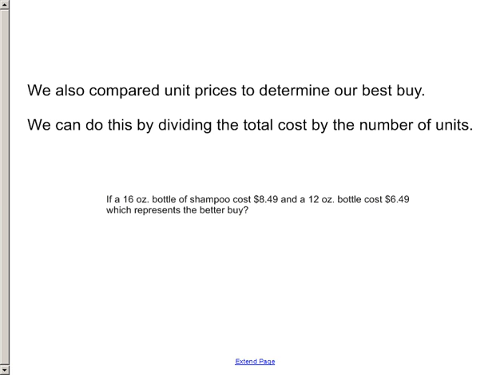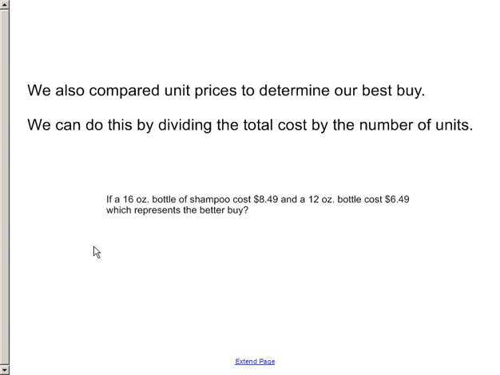So here's a situation that I've described right here. We look at shampoo and we're trying to decide which is our better buy. A 16-ounce bottle that costs $8.49 or a 12-ounce bottle that costs $6.49, which would be the better buy? And if we divide the total price, $8.49 by 16 ounces, we get the price per ounce, and we find out that it would be 53 cents per ounce.